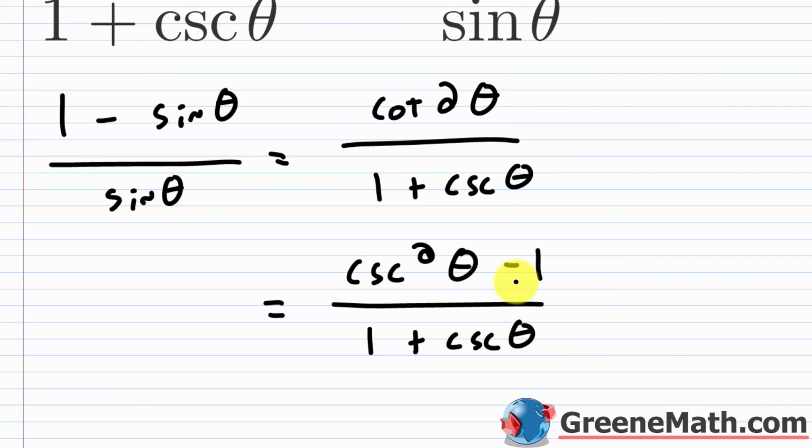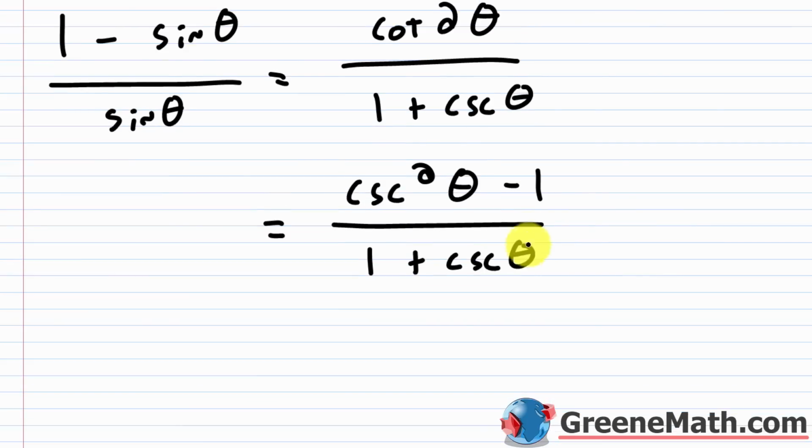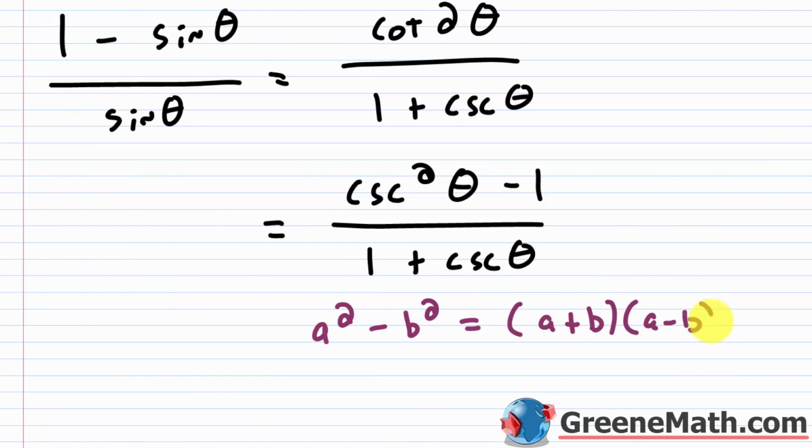You might ask why I did that. Basically, what's going to end up happening here, if you think about this, you have a squared minus b squared. So remember this formula. This factors into a plus b times a minus b. So if you factor this, you're going to be able to cancel here.